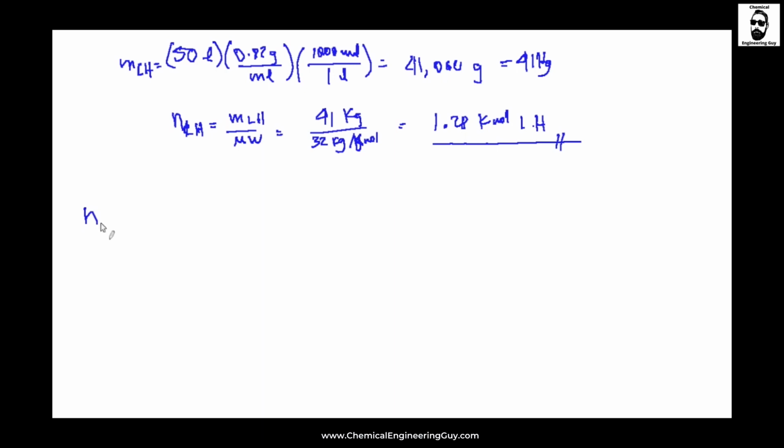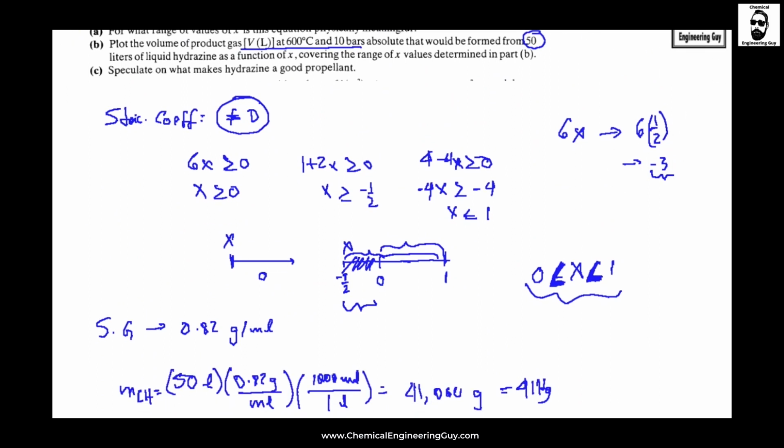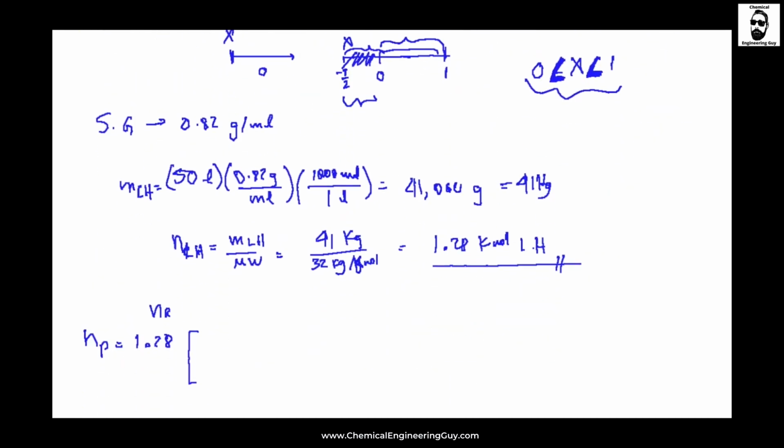Moles of product will be this 1.28, the initial moles of reactant, times the relationship. For every 3 moles you get 6x, so let me write this here: 3 moles to 6x, 3 to 1 plus 2x, and 3 to 4 minus 4x. So just write this relationship.